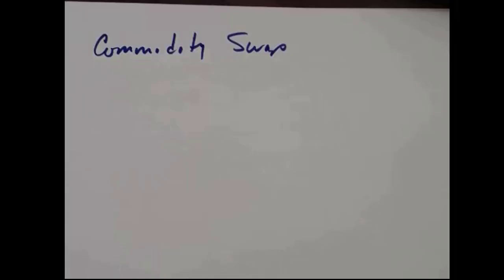Now, it could be the corn prices drop dramatically, and the farmer is quite happy they entered into the swap. It could be that corn prices skyrocket, in which case the farmer is kind of not too happy they entered into the swap. But in any case, they've locked in a price and gotten rid of the risk associated with farming.